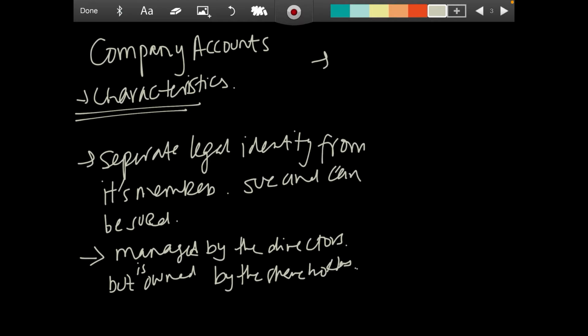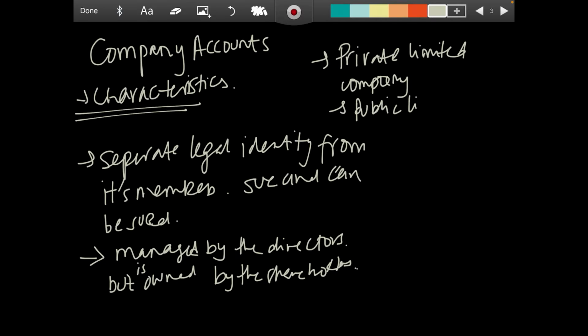Okay, so there are two types of companies: private limited company and public limited company.